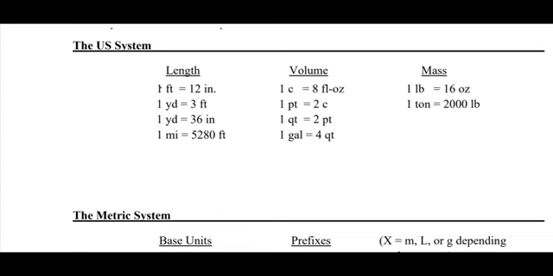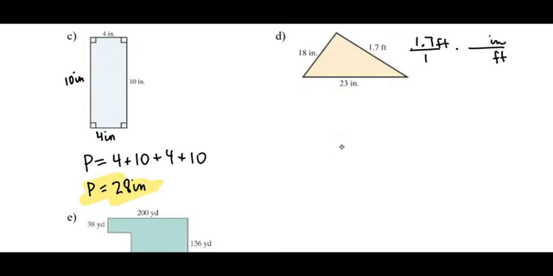All right, so feet, inches. So let's double check what we have. I have 1 foot, 12 inches. So I'm going to use that. 1 foot, 12 inches. So now I just need to multiply 1.7 times 12. 20.4. So instead of 1.7 feet, it is 20.4 inches. Right?